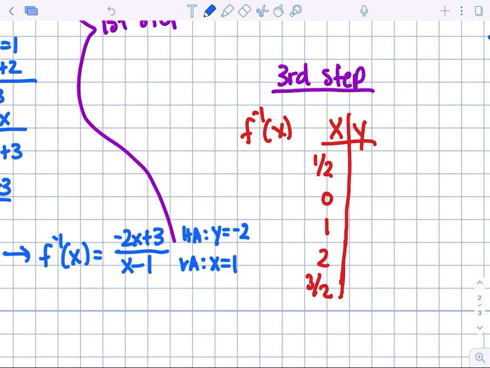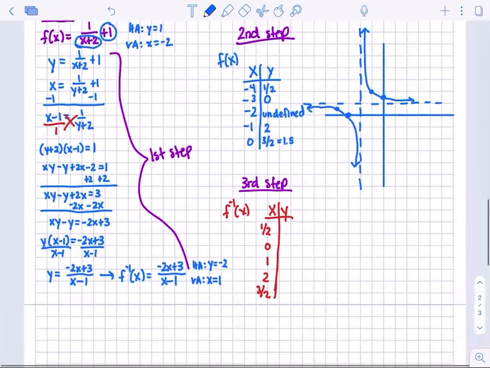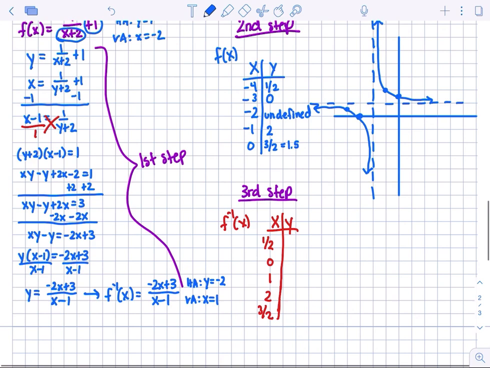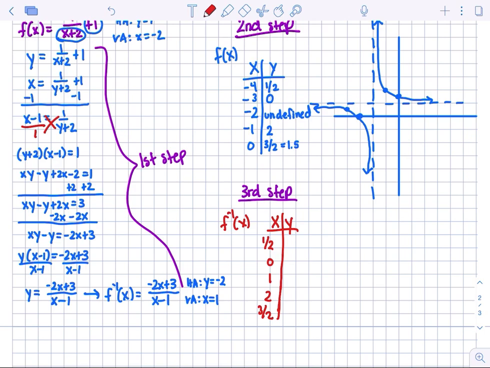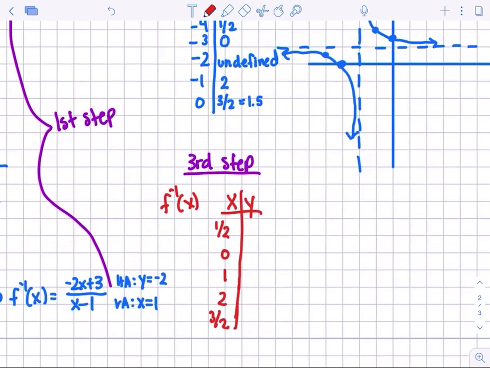The reason why is, remember, the highest degree in this one is 1, the highest degree of this one is 1, and whenever the degrees are the same, you just look at the coefficients. So -2 over 1 is just -2. Again, if you graph really well, then you don't technically need to know that information.